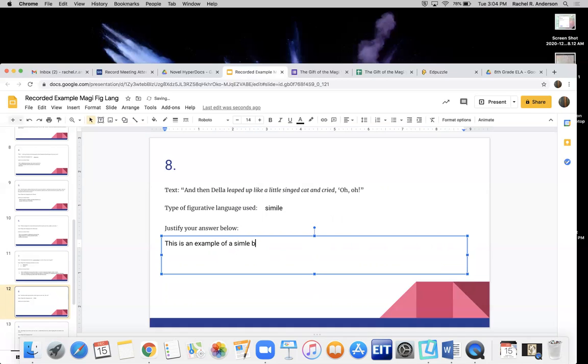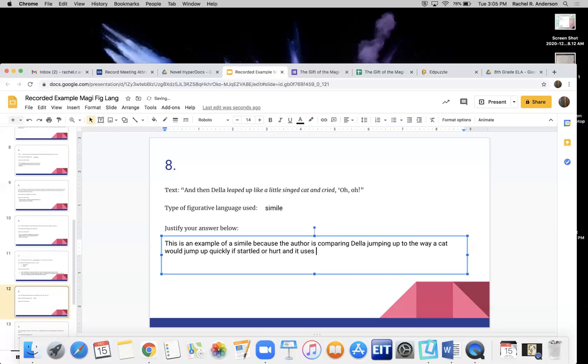of a simile because the author is comparing Della jumping up to the way a cat would jump up quickly if startled or hurt.